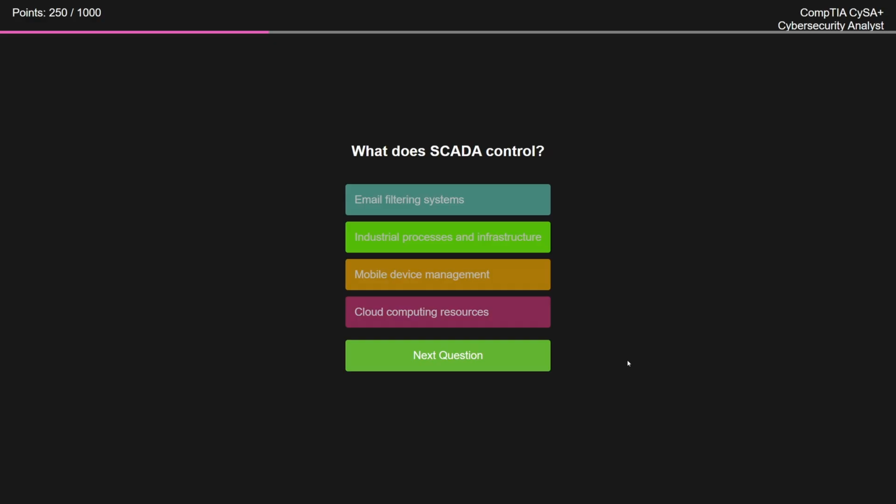Industrial Control System. And we have SCADA. And those are both for industrial systems, like systems that use programmable logic controllers, stuff like that. So I just always think industrial stuff when I think SCADA or ICS.